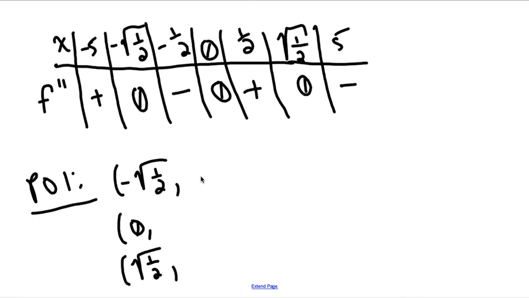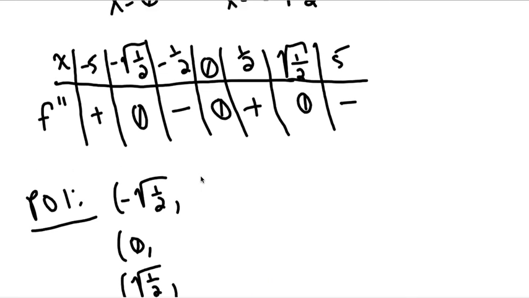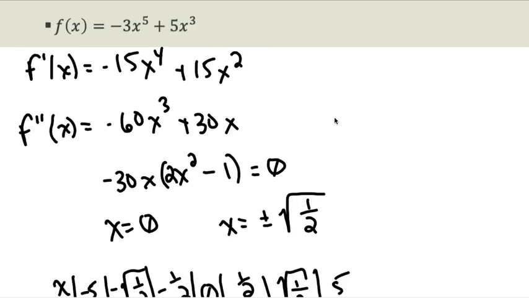Okay, so come back to your original function here, and these are going to be some messy decimals, but anyway, we got to plug those in. So -3 times the square root of 1/2 raised to the 5th power plus 5.